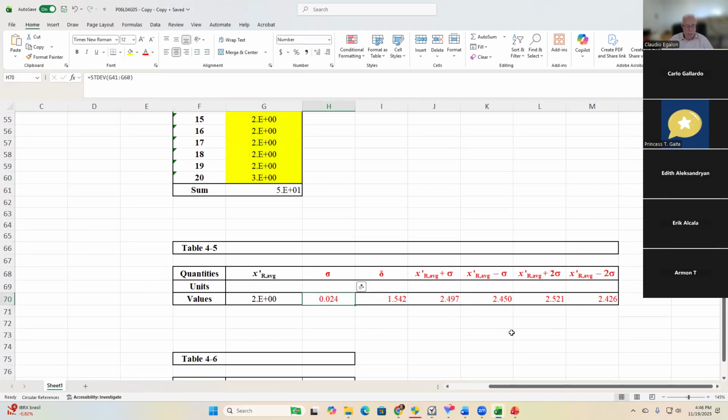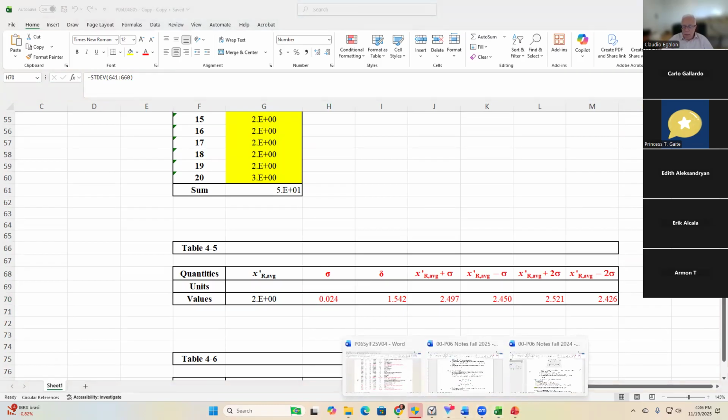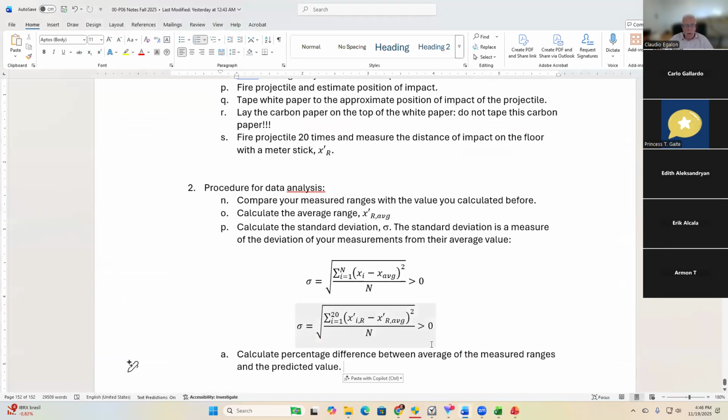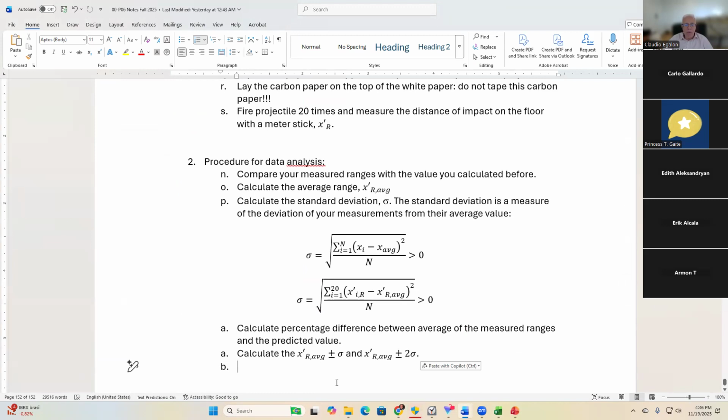And what else do we do? Okay, we're going to have our break very soon. Calculate the percentage difference. And then you have to calculate as well the values of the average range plus and minus sigma, the standard deviation, and the average range plus and minus 2 sigma.